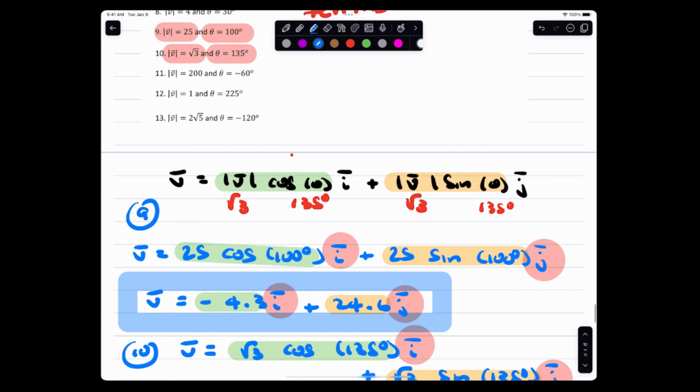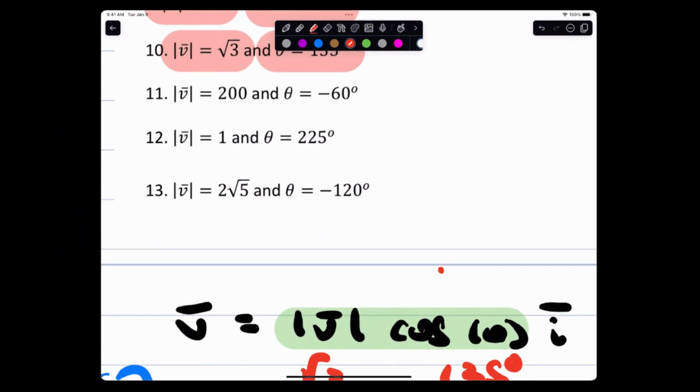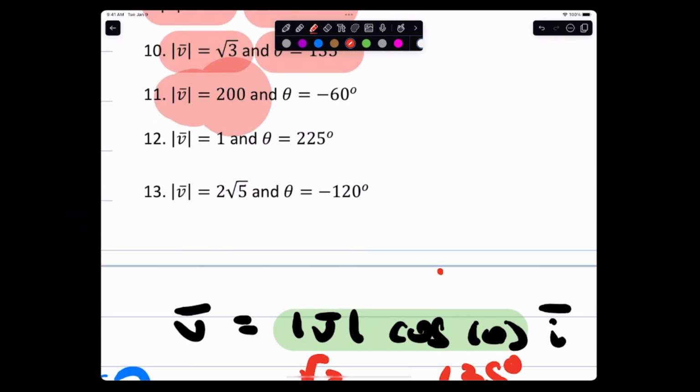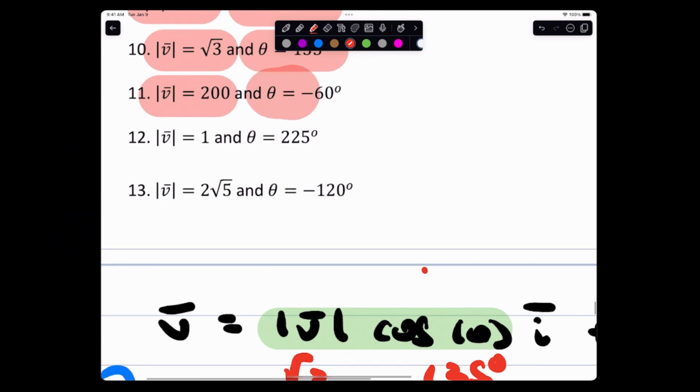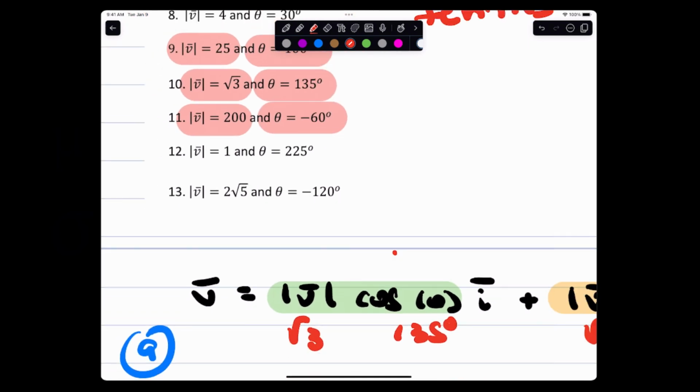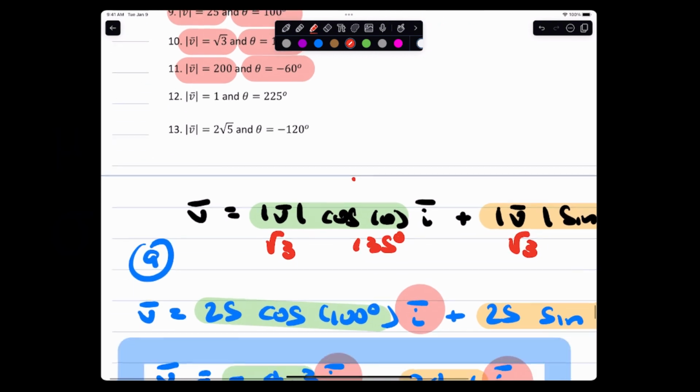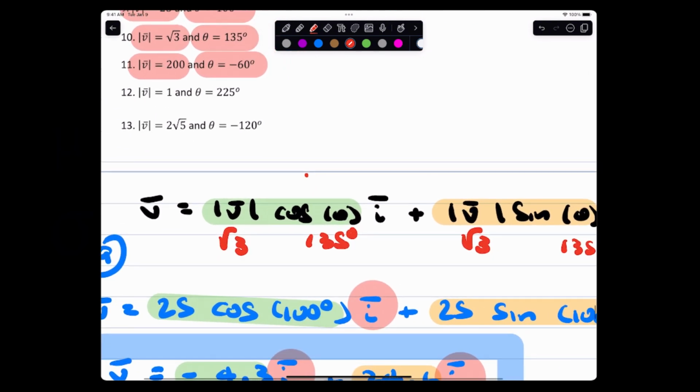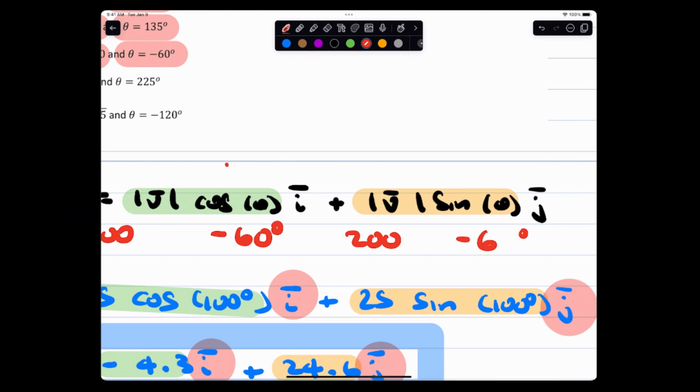We're now going to look at number 11. What's the magnitude here? 200, and the direction is what? Negative 60. So we're going to change those values here now. 200 and negative 60. All right. Negative 60 degrees.